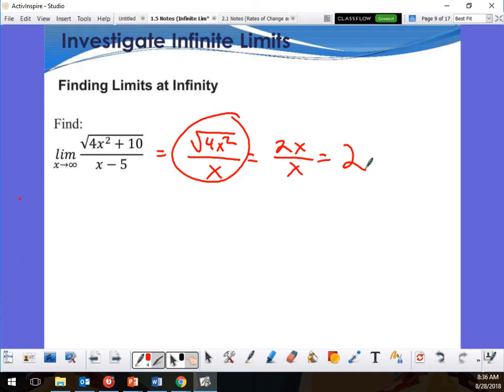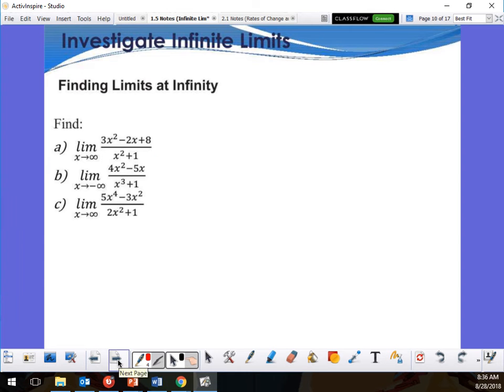Does that make sense? All right, we've done all these except for C. Let's look at C. Which one has a higher degree? The top. Now let's look at the numbers.